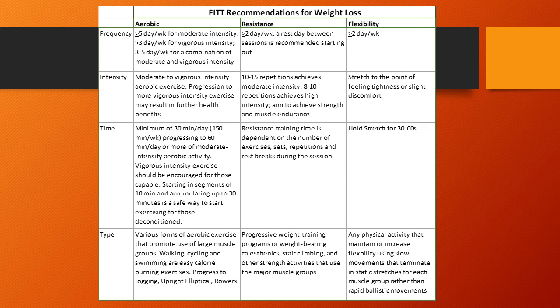We can start doing different types of stair climbing and other strength activities that really start to use our major muscle groups. We want to try to push our strength levels as much as possible because again, the more lean muscle tissue we have in our body, the more calories that they're going to burn during, but then also post exercise. And the post exercise is the critical factor for weight loss.